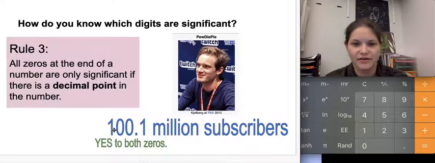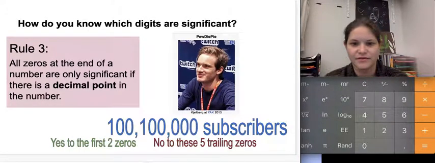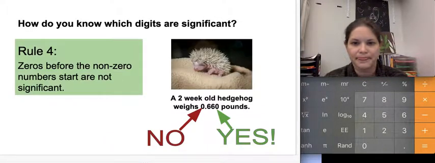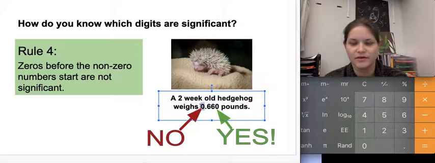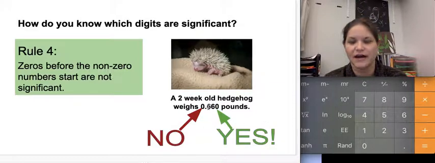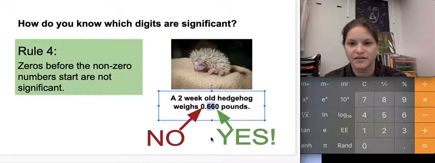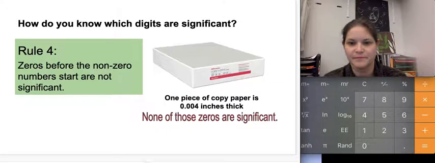Same thing here, yes to both of these zeros, yes to these in between, but not to these trailing zeros. And then the zeros before that first non-zero, this zero that comes before, not significant. The one that comes after the decimal point, or after the numbers have started, is significant.